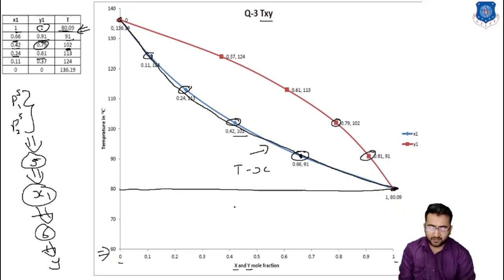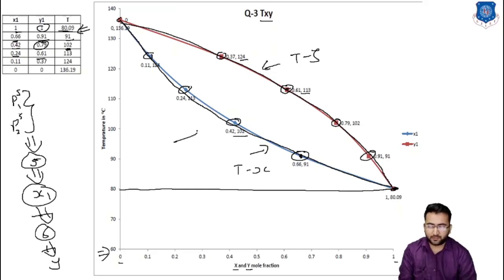For 0.61, it is near about like this, with temperature 113 degrees Celsius. And for 0.37, we will get it near about here, at temperature 124. So by connecting all these points, we will get a curve like this. So it becomes our Ty curve.